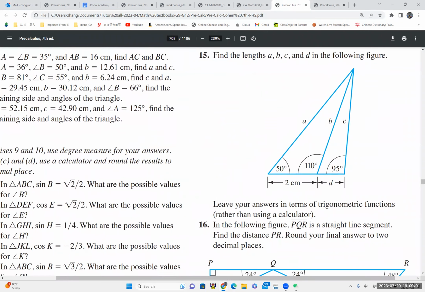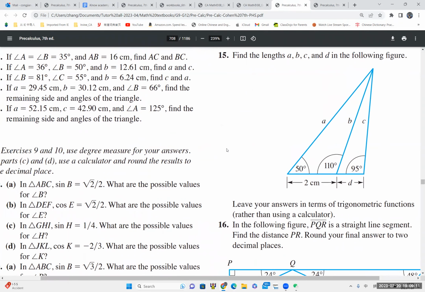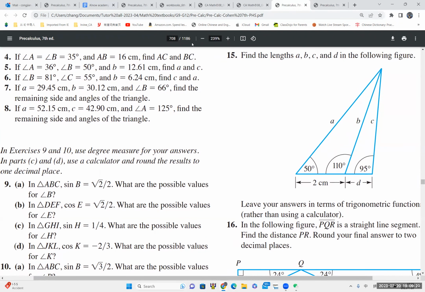But maybe we will not do all of them. You will answer in terms of seconds rather than using a calculator. For A, B, C, D, you just need to find one of them. Then you can stop.